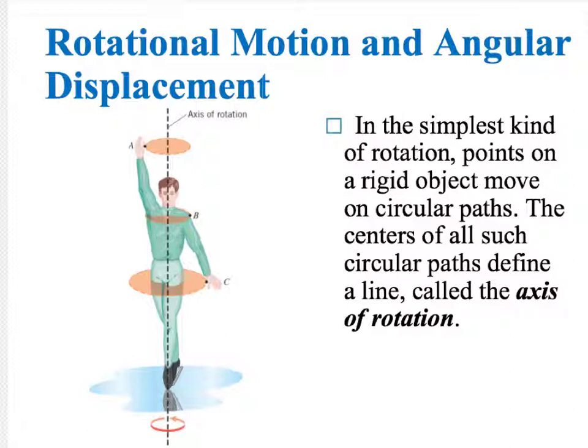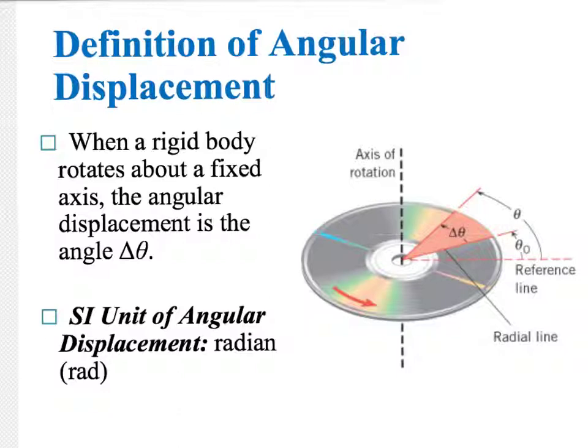The simplest kind of rotation is when you're spinning around a central axis. There's an axis of rotation. So the first thing we're going to look at is the definition of angular displacement. With linear displacement, we can just measure how far an object traveled in the x direction or the y direction.